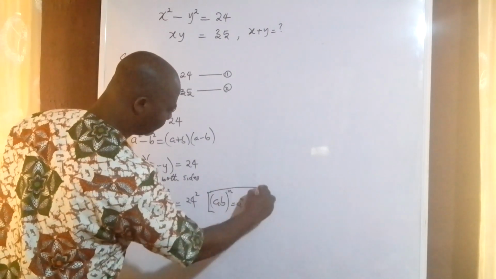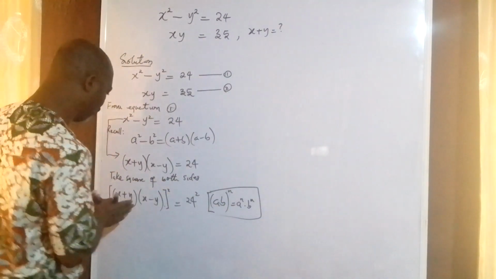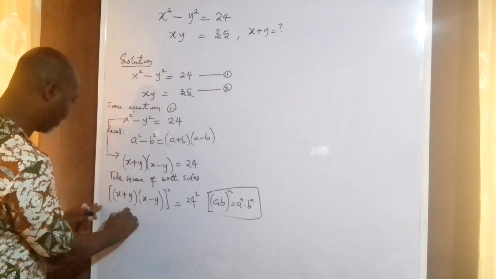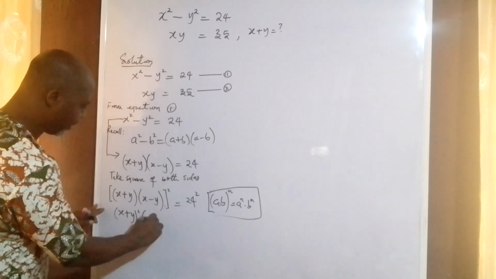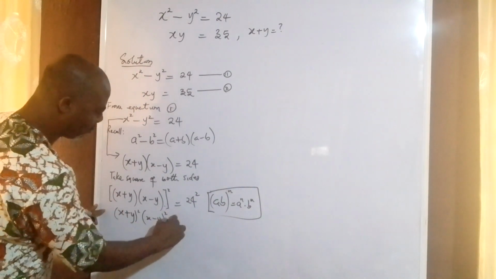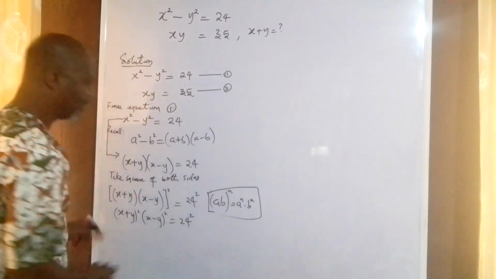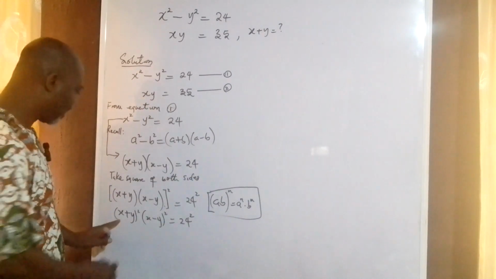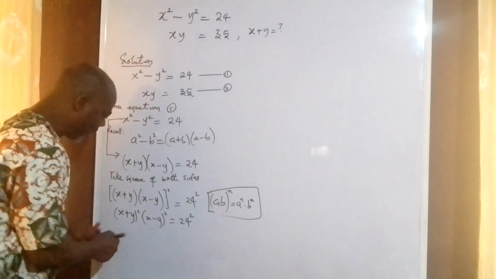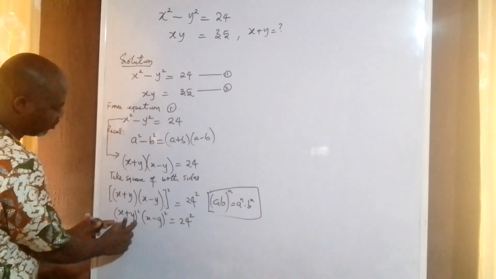This rule is very important, so I'm going to apply it here. This gives me x plus y all squared, times x minus y all squared, equals 24 squared.